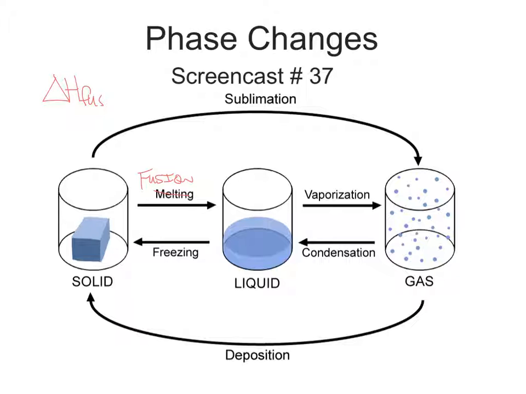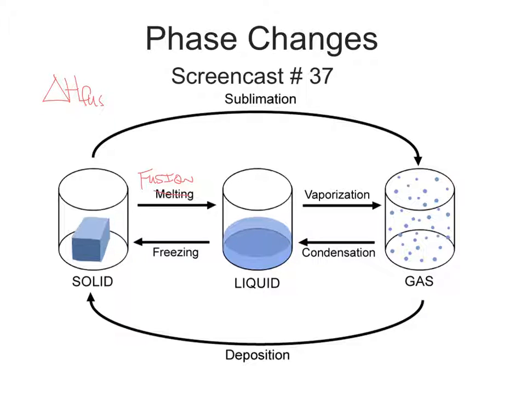It's a really strange name, but that's what it is. So each of these components, fusion, freezing, vaporization, condensation, have a heat change associated with them, and because it's mostly going to take place at constant pressure, is an enthalpy associated with it.